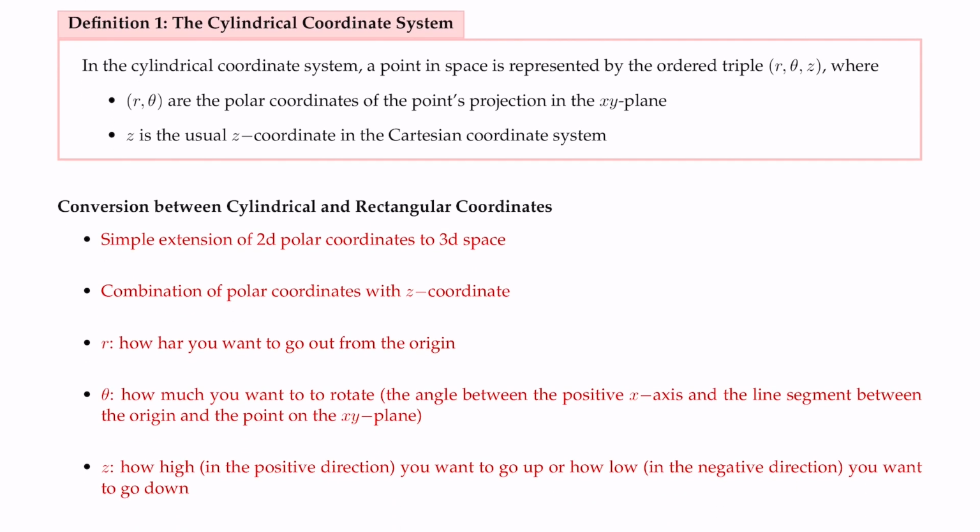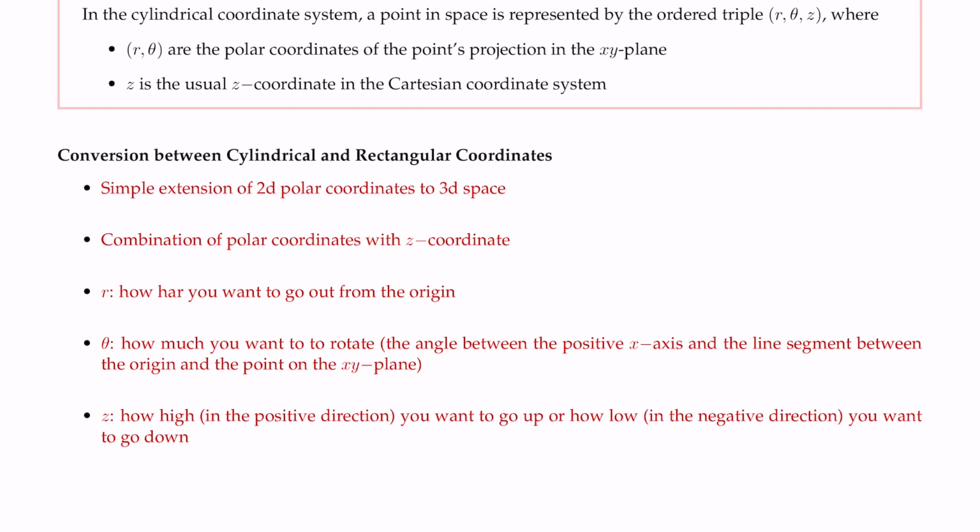So r and theta give the point on the xy plane, which you have seen already in the polar coordinate system. And z is just the usual z coordinate in the Cartesian coordinate system. So basically, the cylindrical coordinate system is just an extension of what you already saw in Cartesian and polar coordinates. The conversion between cylindrical and rectangular coordinates is a simple extension of 2D polar coordinates to 3D space.